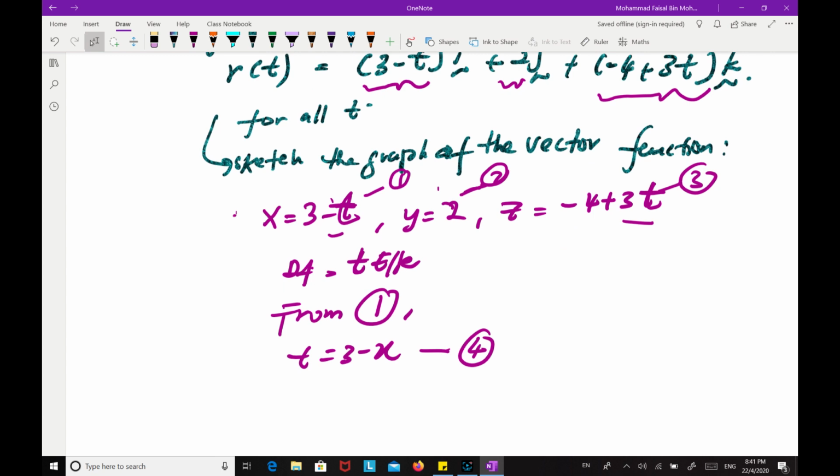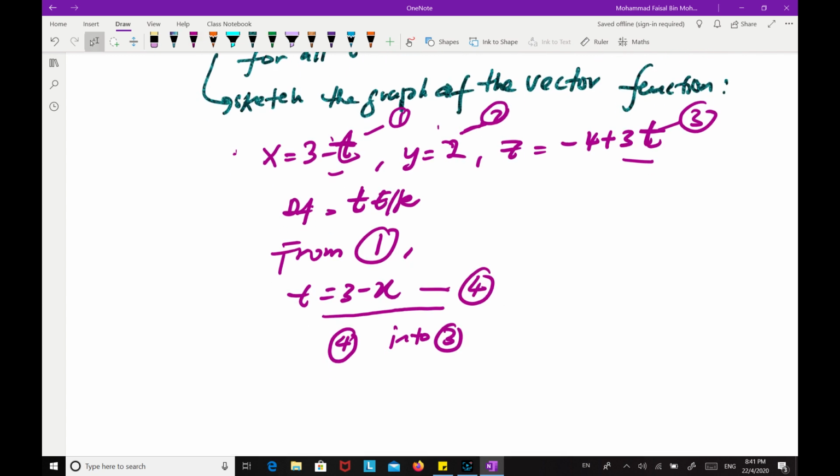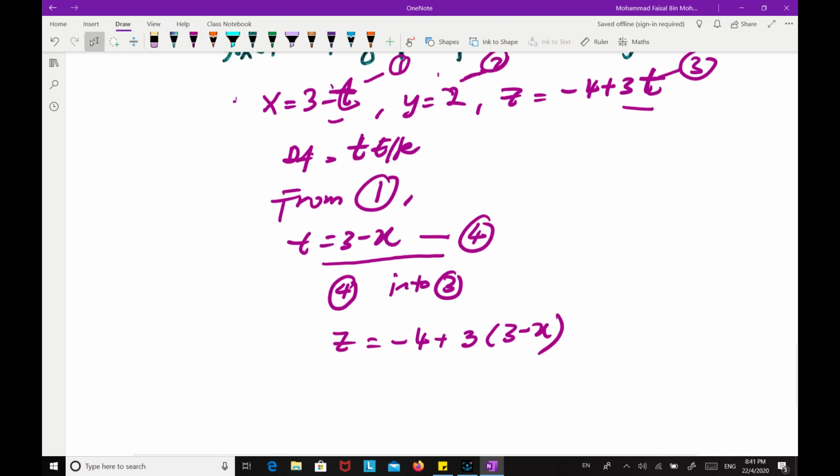Then I substitute this t from 4 into 3, and you will get z equals negative 4 plus 3 times (3 minus x), so negative 4 plus 9 minus 3x, and then you have 5 minus 3x.